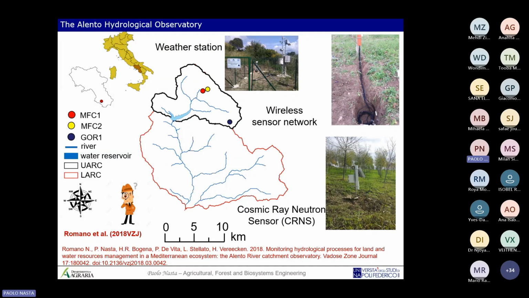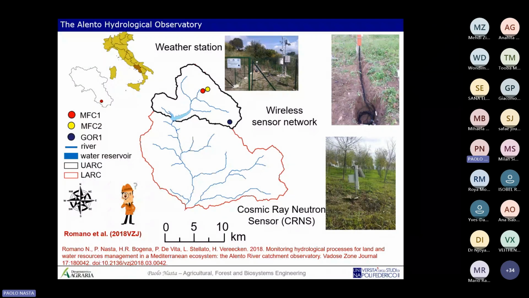So we started by establishing a historical site called MFC1, which is represented by the red circle. It's located in the southern hill slope, mostly covered by agroforestry, crops, and sparse vegetation.